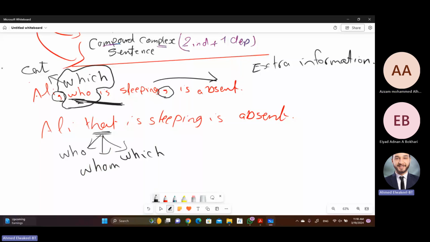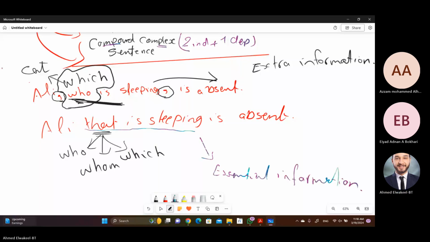When you use that, it means this clause, that is sleeping, is an essential clause, or essential information. I need you to know it.